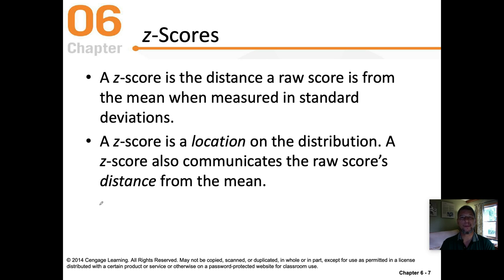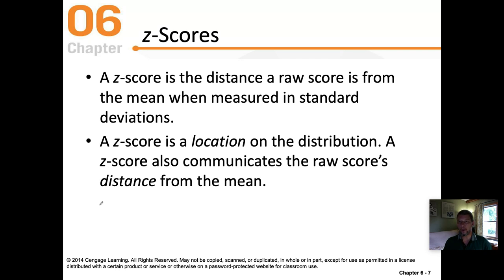In the examples that I've been giving you, I've only talked about a z-score of -1, -2, -3, and so on. But you could have a z-score of -1.25, or a z-score of +2.16, and all that does is tell you that it's 2.16 standard deviations above the mean.